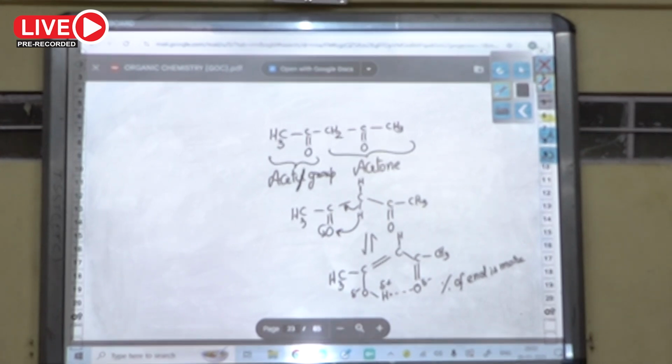It arises due to the free rotation of carbon-carbon single bonds in alkanes.